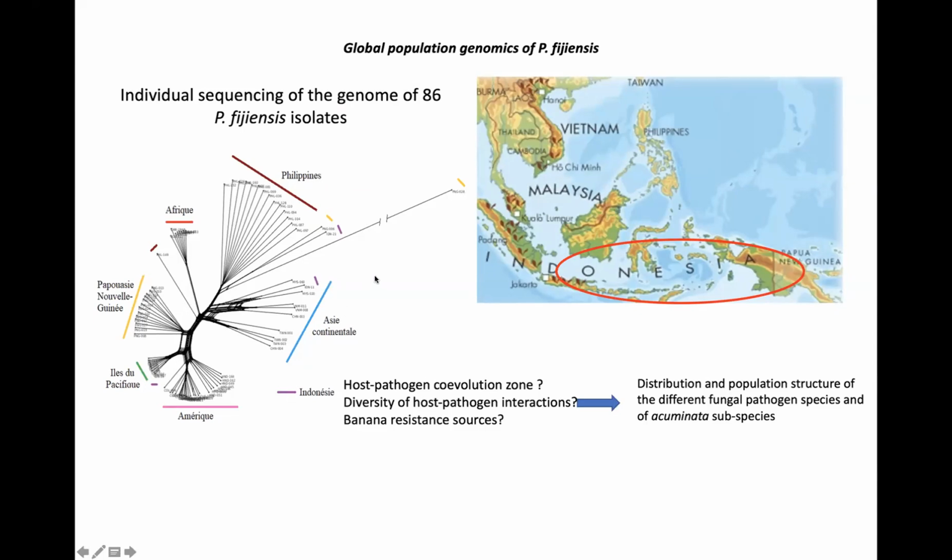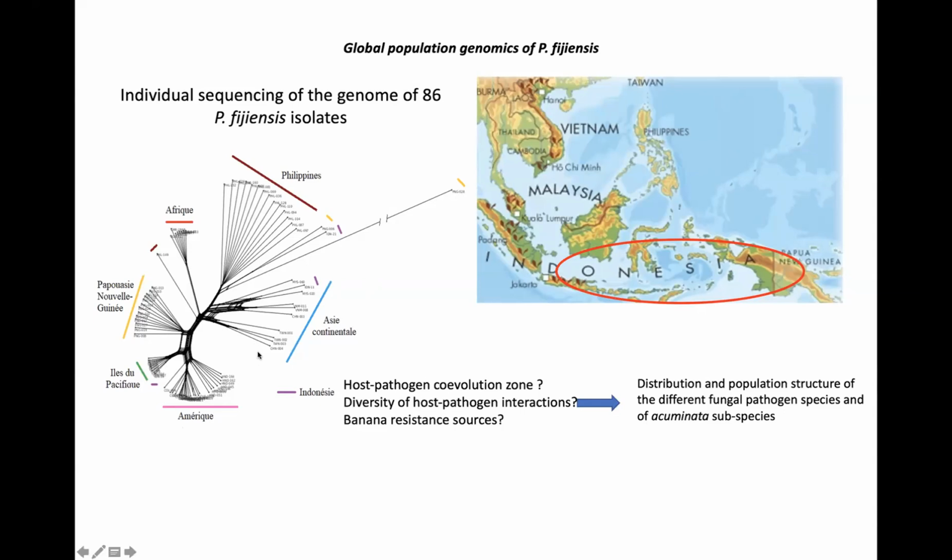And more precisely, we detect a higher level of diversity in these regions, Indonesia and Papua New Guinea, because you see here, the isolates coming from this region, here, and also here, are distributed in the whole network.